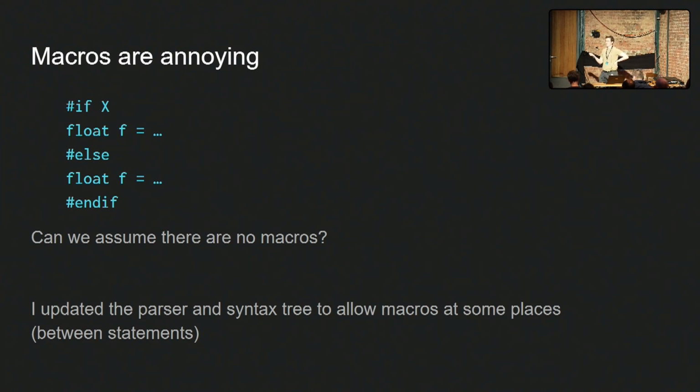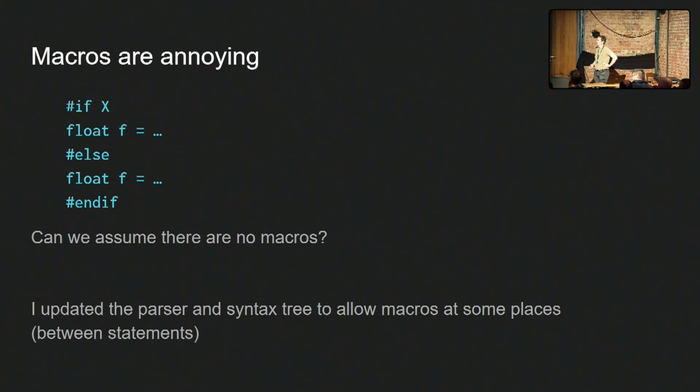But the thing is that we cannot really remove the macros when we modify the code, because they might be needed, and they might have been there for good reason, so we would like to preserve them. So I updated the parser, and the idea was that I would allow the macros and the hash defines in just a few places, so typically between statements or at the top level before a function definition, and just hope that no one will try to write float f equals and then hash define or hash ifdef in the middle of the expression, because that would just complicate all the logic and the syntax tree.